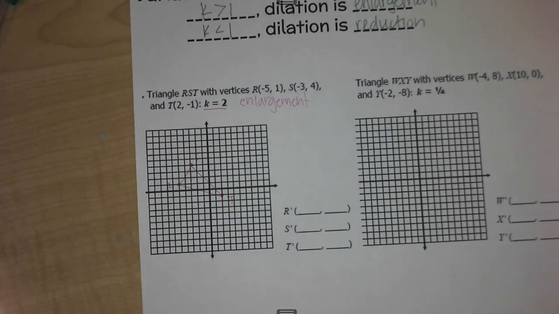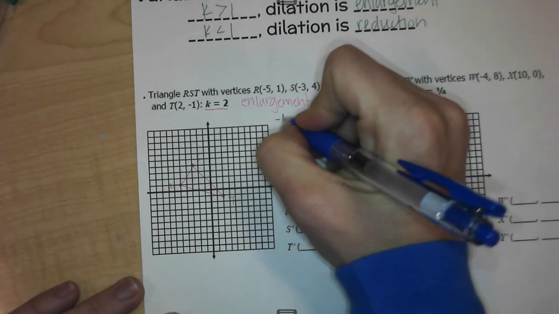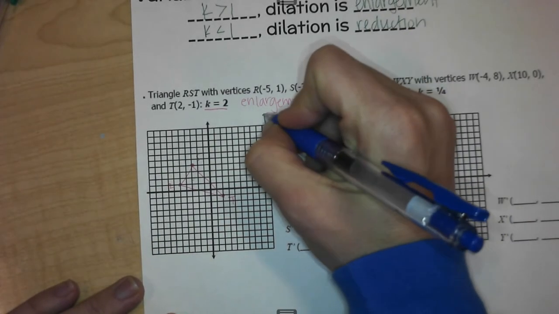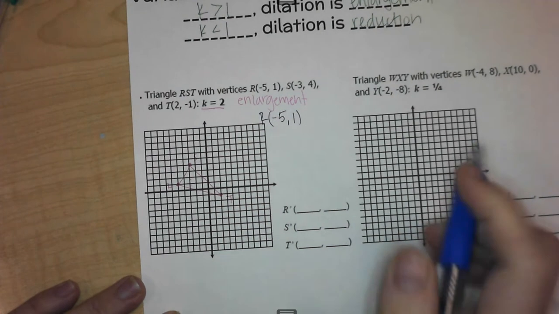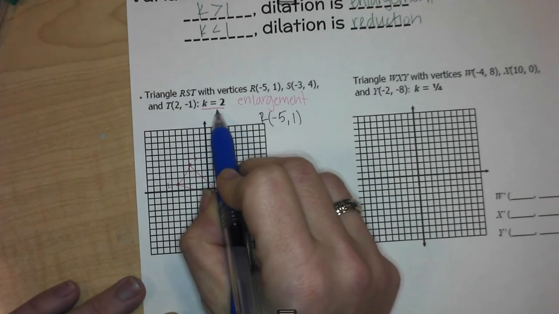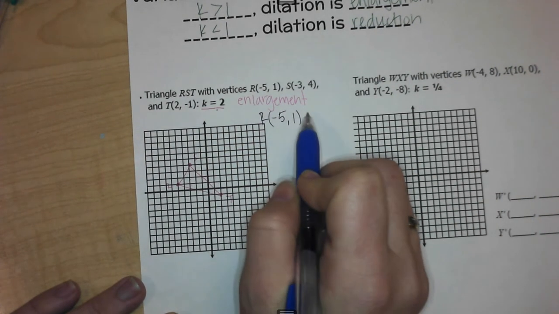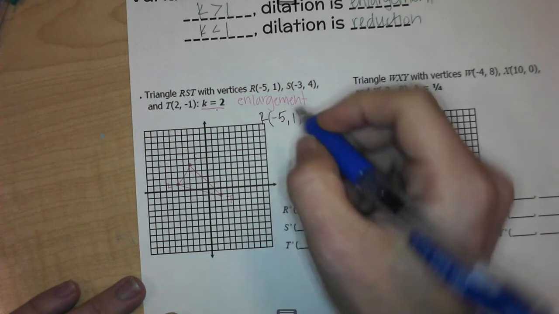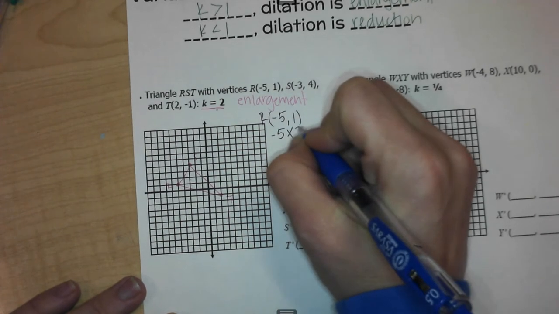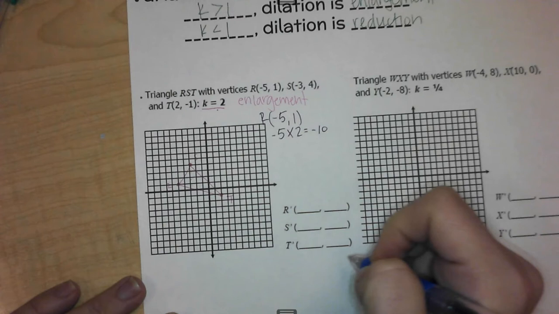So what I'm going to do is take my points, both my x and y of the point, and multiply each number by the scale factor. So I'm going to take negative 5 times 2. It's going to be negative 10.